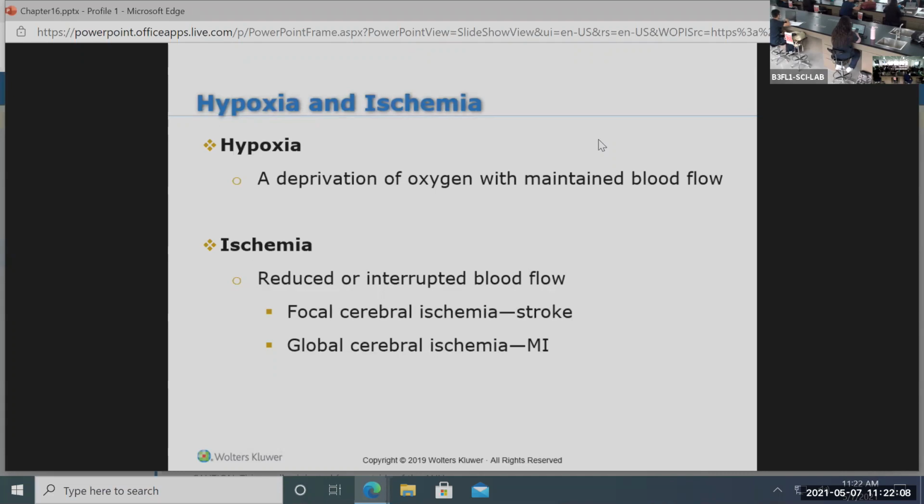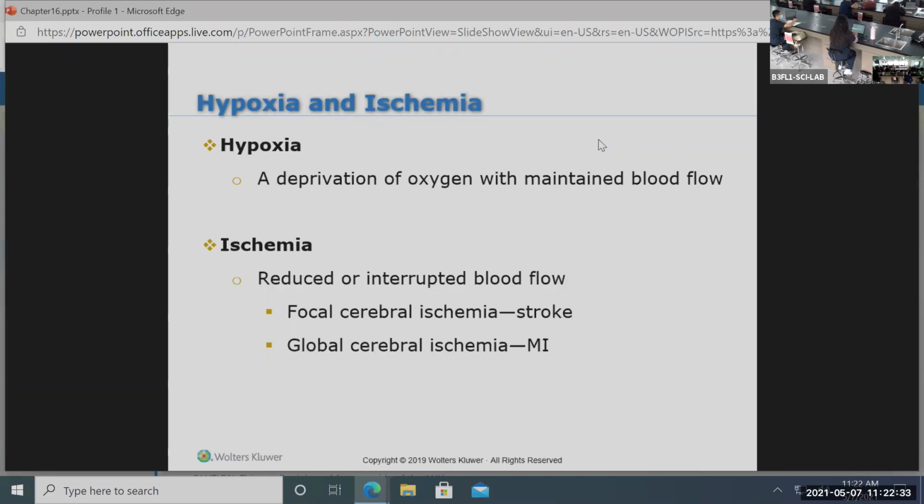Is it clear? That is hypoxia. If you look at ischemia, blood flow is hampered, or interrupted, or reduced. So that will cause hypoxia, reduced concentration of oxygen in the blood.